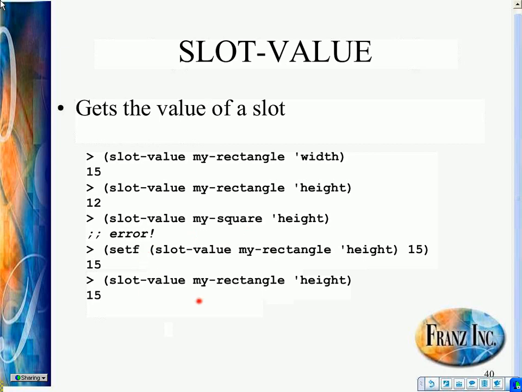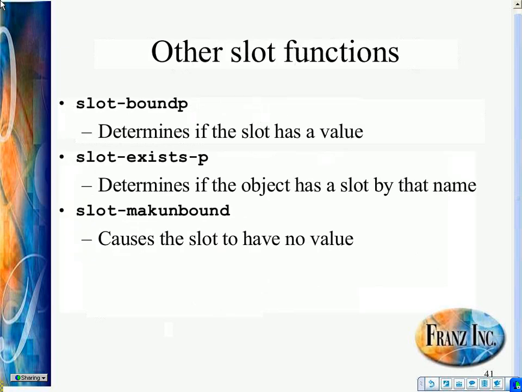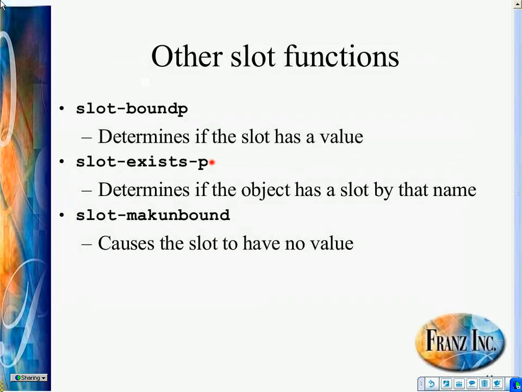You can setf the slot-value, and that, of course, changes it. Slot-boundp determines whether the slot has a value. Slot-exists-p determines whether an object has a slot of a particular name. Slot-makunbound removes the value from the slot and causes slot-boundp to return nil.